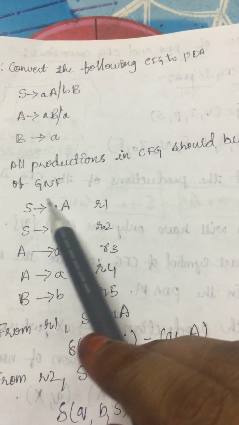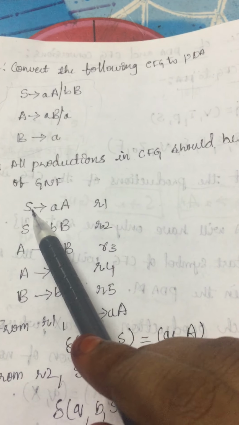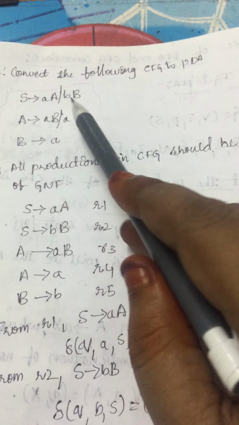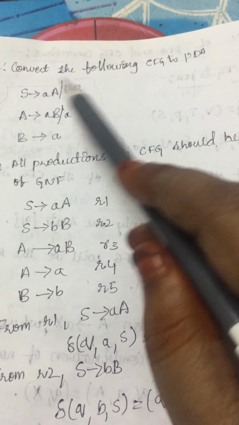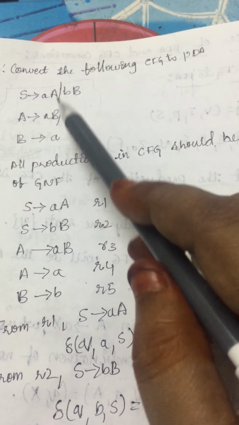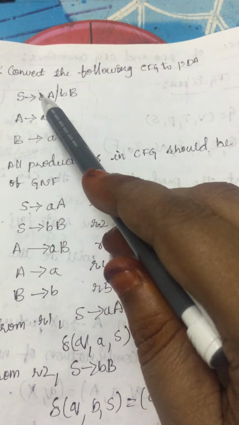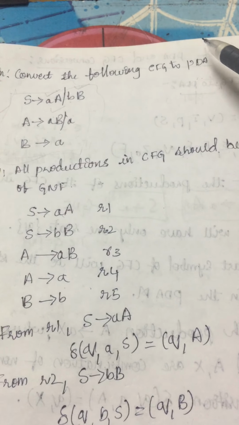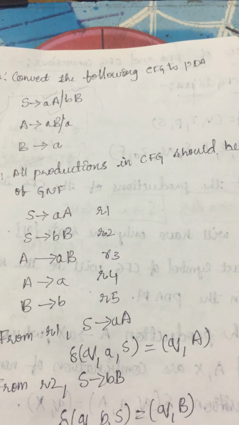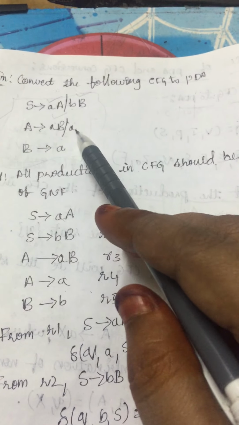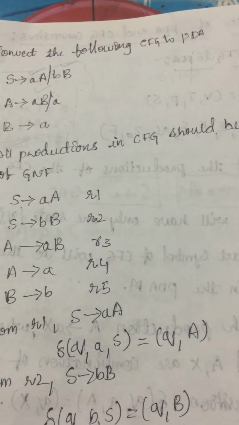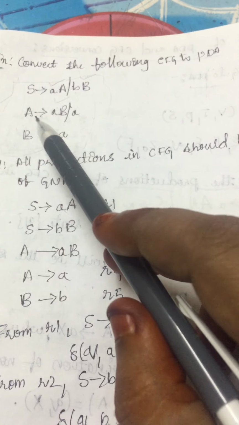See, if we observe here, each and every production: S produces small a capital A, S produces small b capital B, A produces small a capital B. These three productions are in the form of GNF, so we need not convert them once again. And let us consider the other productions, producing only a single terminal symbol.